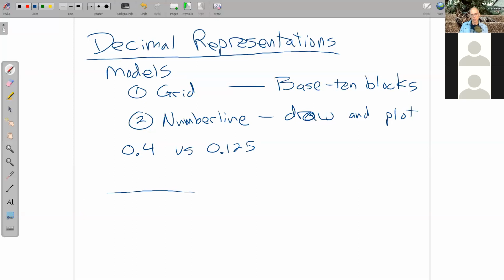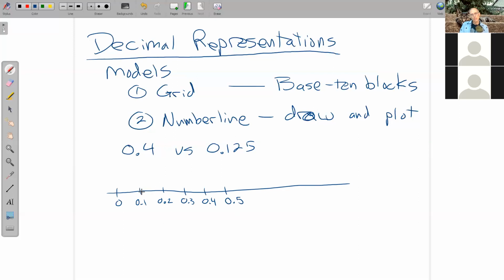If I draw out a number line and I put, let's say I put 0 here just for fun, and then 1, 2, 3, 4, 5. This could be 1/10 and 2/10 and 3/10 and 4/10 and 5/10.